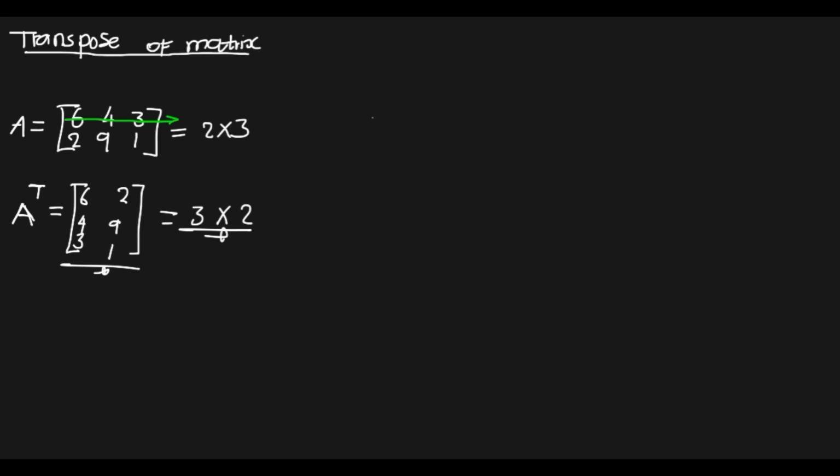Let's say we have a square matrix. For this matrix, since the order is 2 by 2, we have a square matrix where the number of rows equals the number of columns. So even for the transpose, the number of rows and columns will be equal.